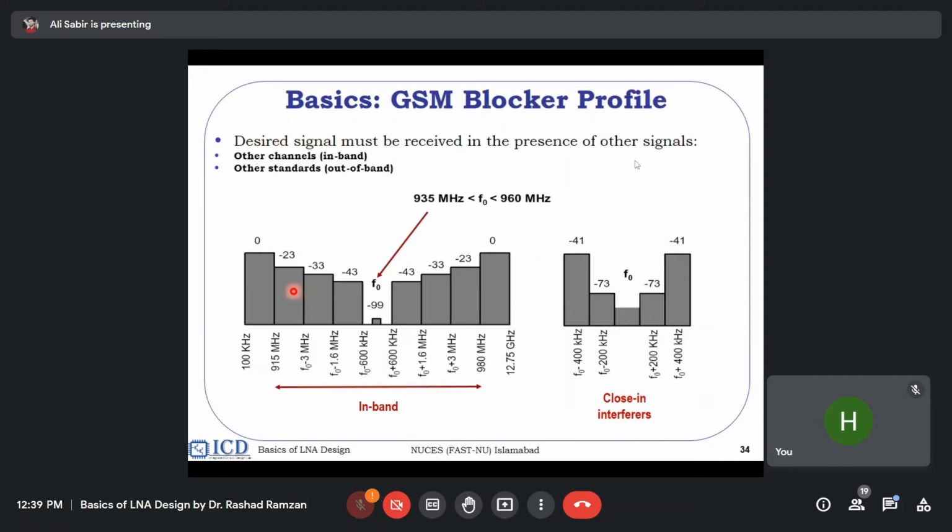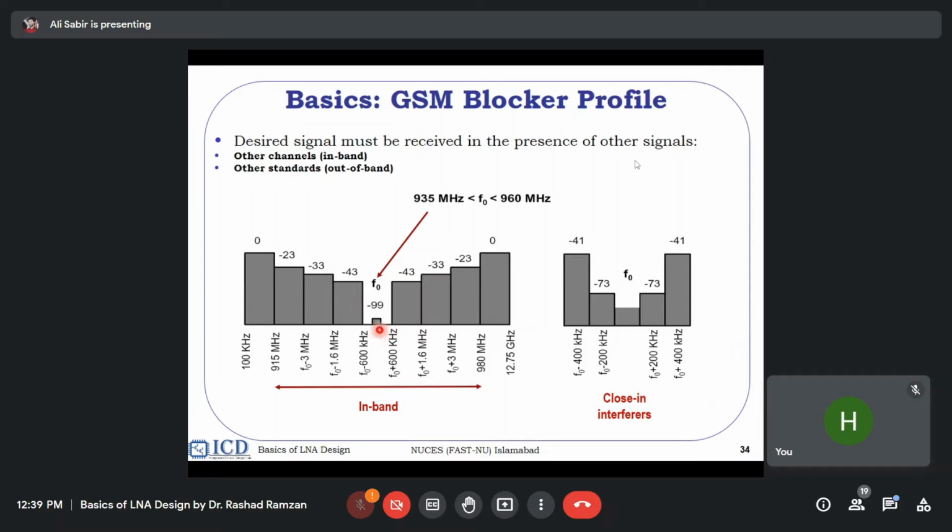In the standards, this selectivity is not given in terms like the previous slides. It's defined in terms of the blocker profile. The standard defines that your desired signal is at -99 dBm.